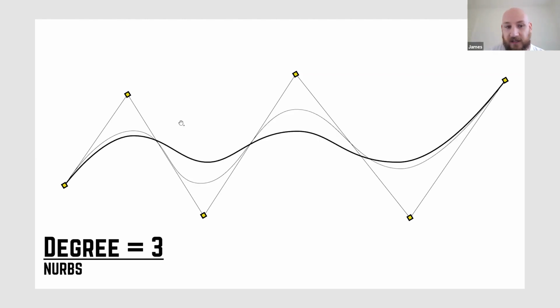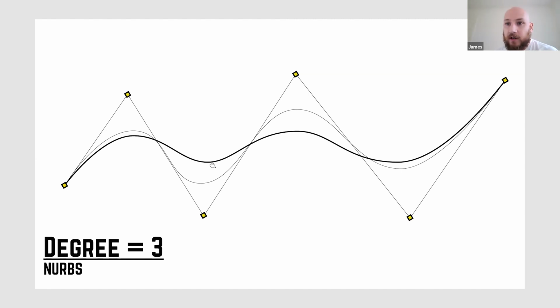If it's a curve with a degree of 3, it gets smoother again, and it's now referencing, for this point, these 2 points and itself, and these 2 points and itself. So it's considering all 5 points just to determine the curvature at this point.